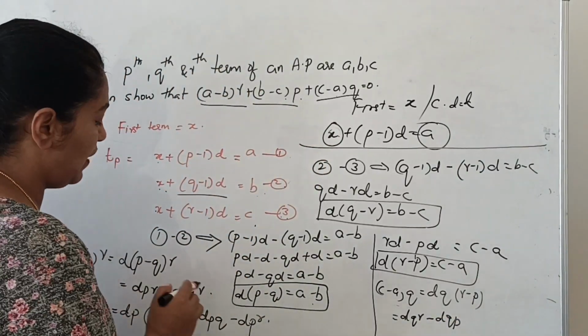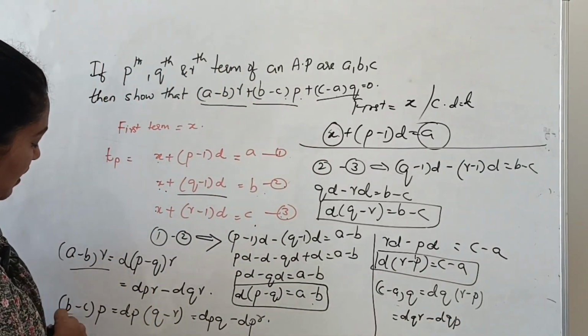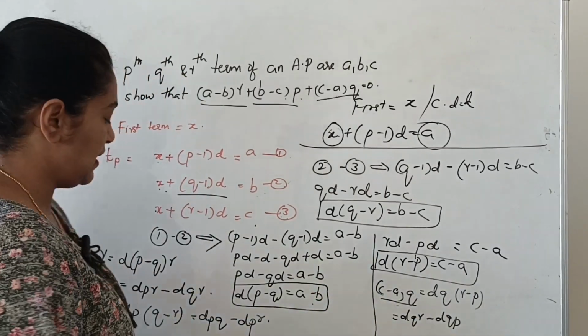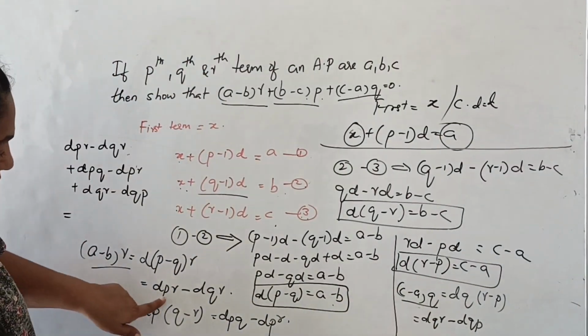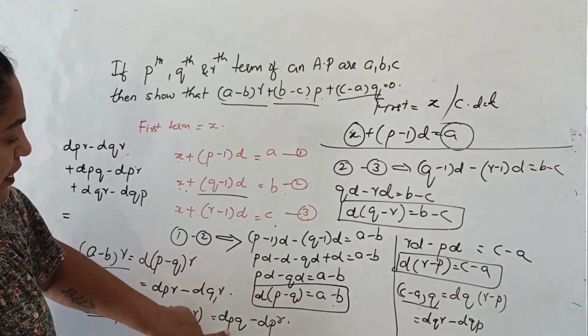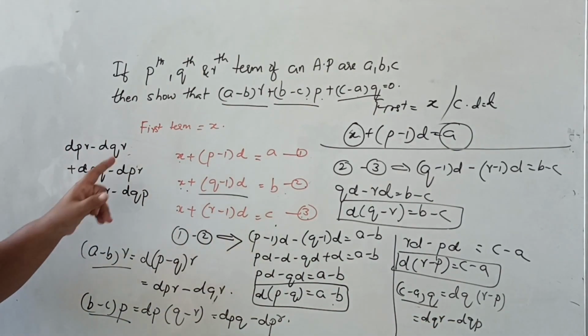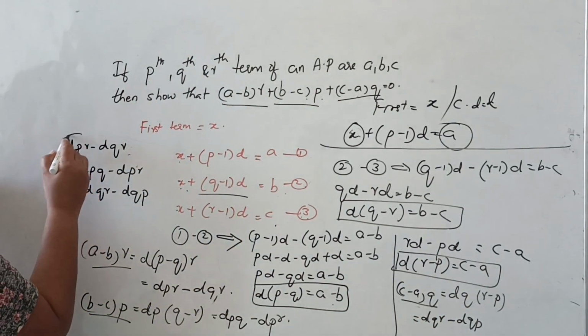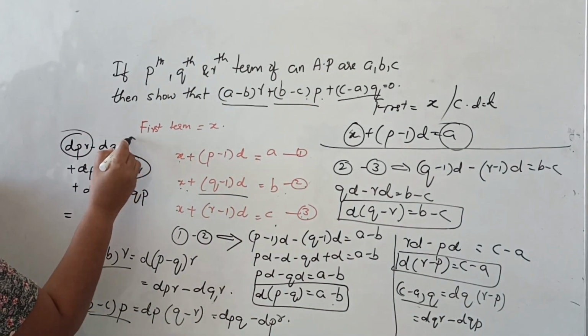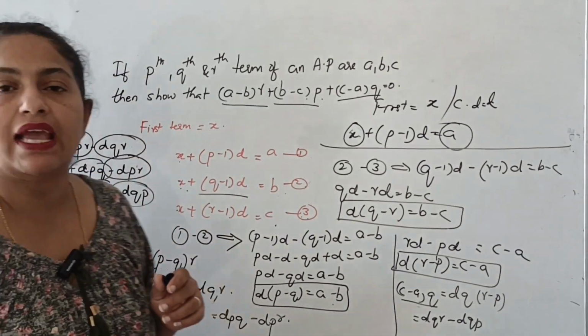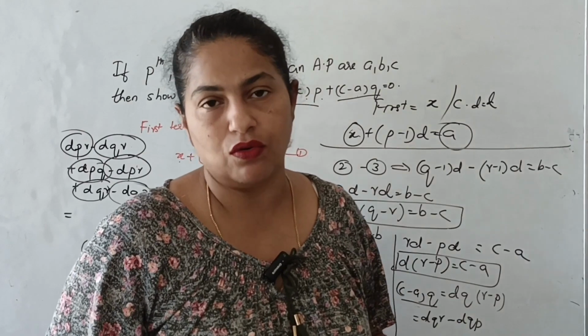Now, our task is to add (a minus b) into r, (b minus c) into p and (c minus a) into q. Let us see what we are getting. Here you can see I have taken the terms dpr minus dqr, dpq minus dpr and dqr minus dqp. When I am writing it over here, you can see that plus dpr and minus dpr, minus dqr and plus dqr, and this, they all get cancelled, giving us a 0.